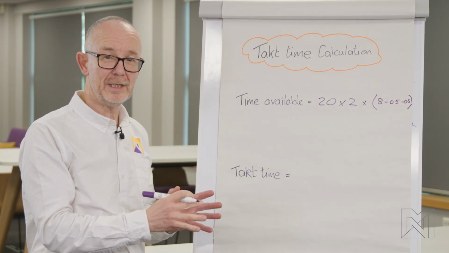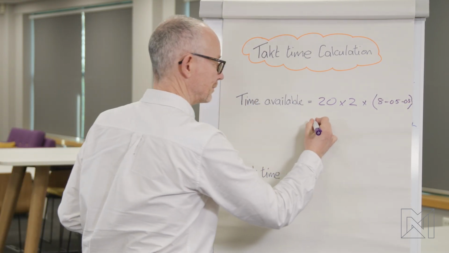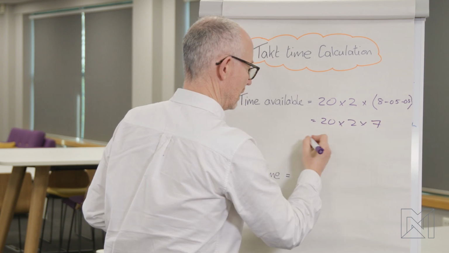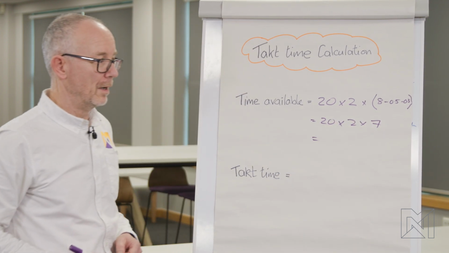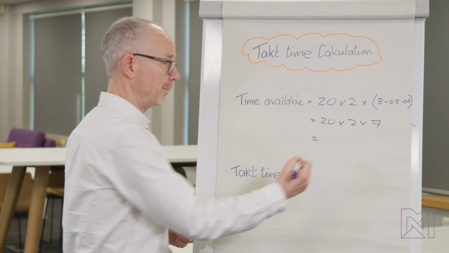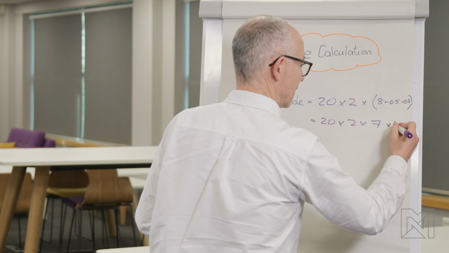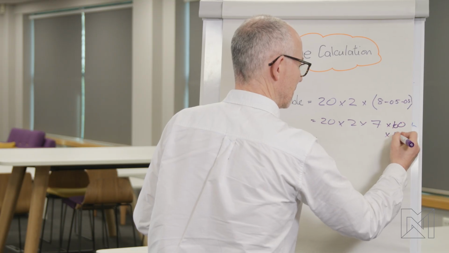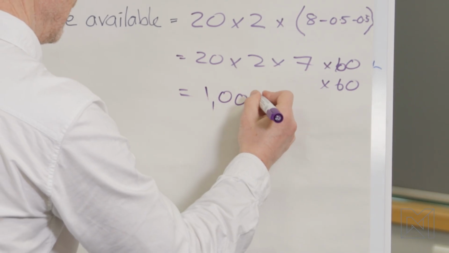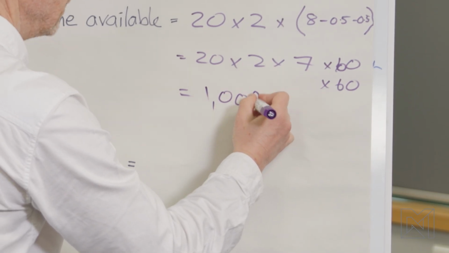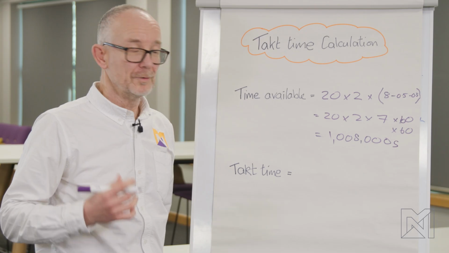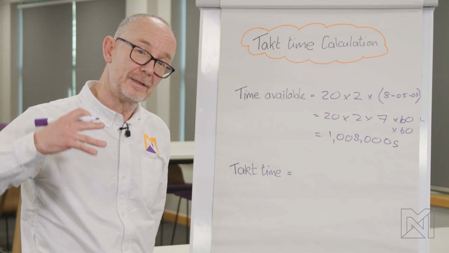So it becomes 20 times 2 times 7. But we also need to convert to seconds. So it'll be times 60 to get to minutes, times 60 to get to seconds. And that gives us a whopping 1,008,000 seconds.